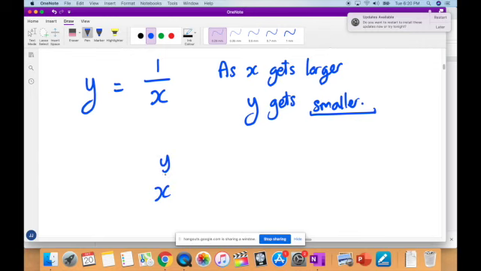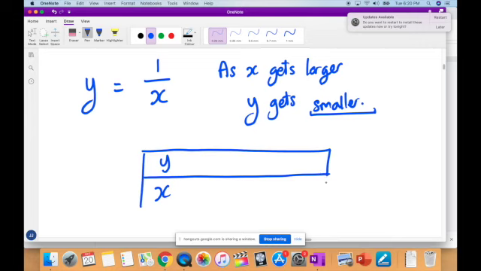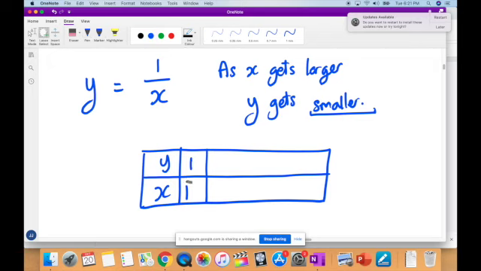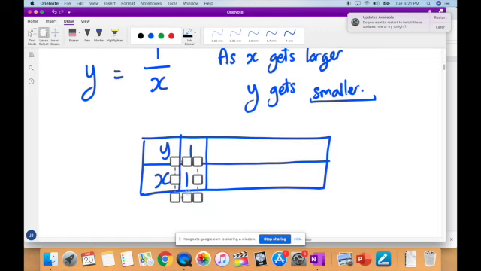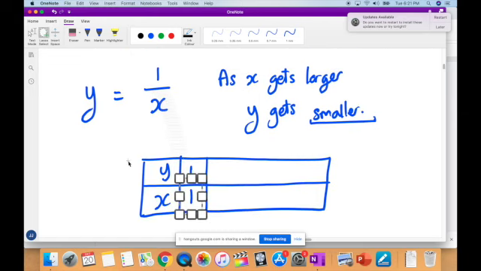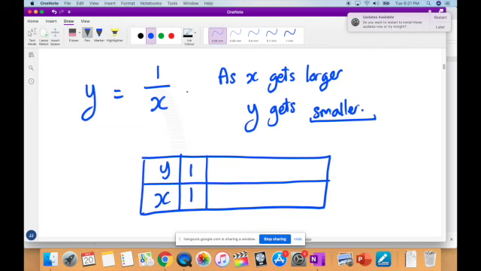You choose any values of x that you want. When x is 1, what is y going to be? We did a class on substitutions, remember? You just take this 1 and put it where x is. So when x is 1, y is going to be 1 over 1. 1 divided by 1 is 1.